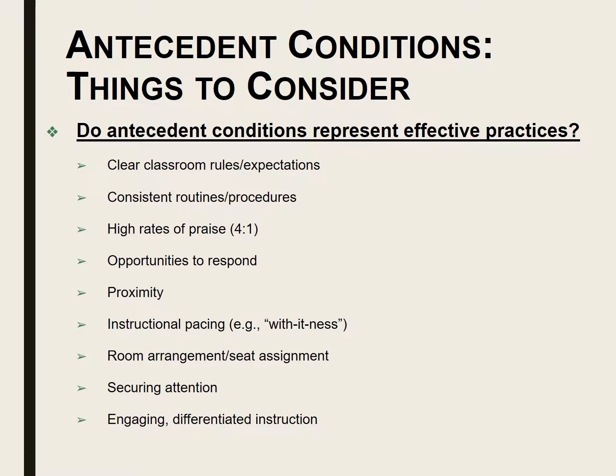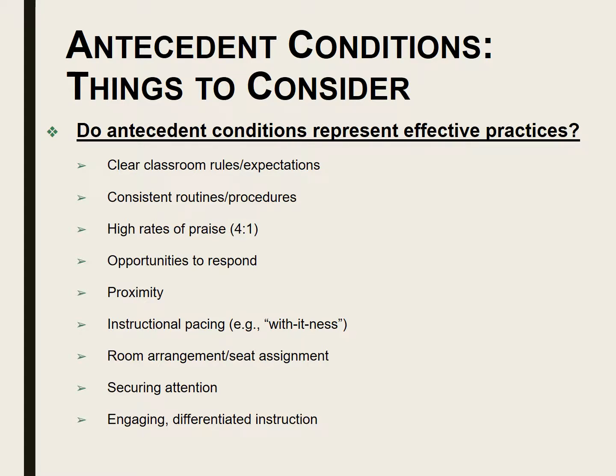Several effective practices include: Are there clear classroom rules and expectations? Is there consistent routine and procedures in place? Is the teacher delivering high rates of praise, four praises to every one reprimand or correction? Are there multiple opportunities to respond for every student? Is the teacher using proximity?